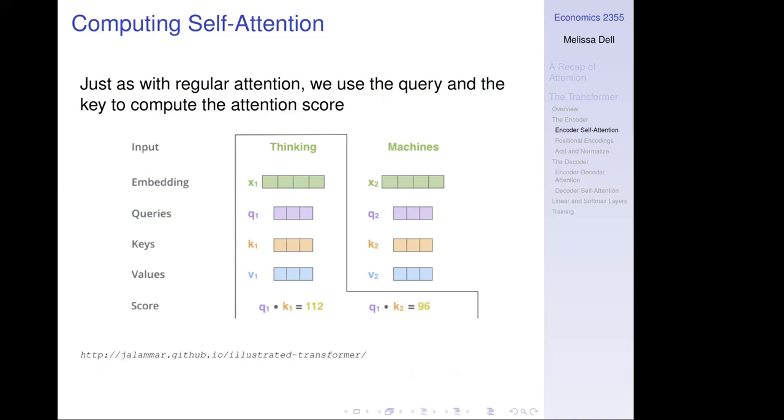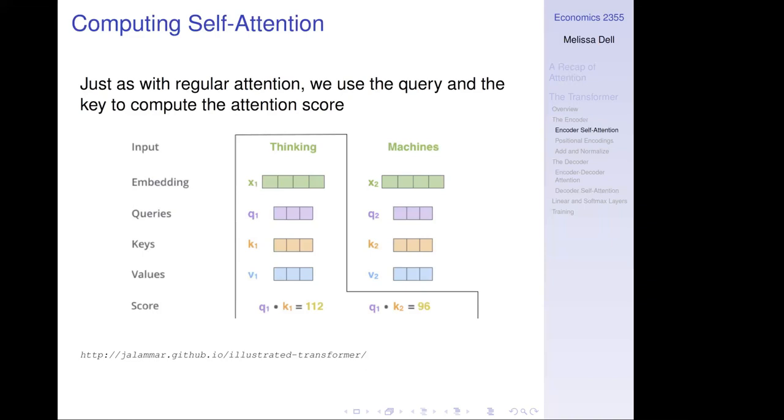Next, we want to know how much thinking should pay attention to the word machines in creating its embedding, so we take its query vector Q1 and multiply it by K2. If we were doing the same thing for machines, Q2 times K1 would tell us how much machines should attend to thinking in creating its embedding.